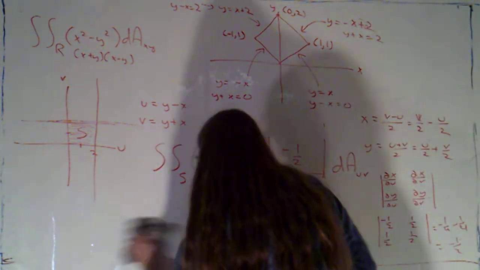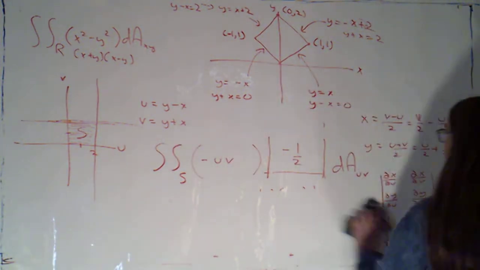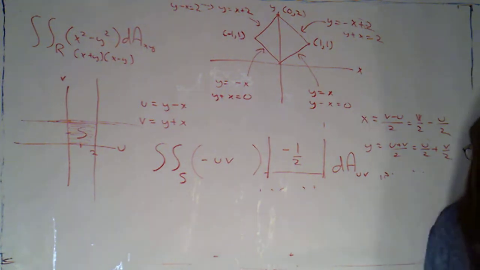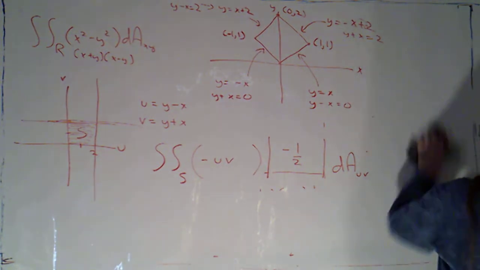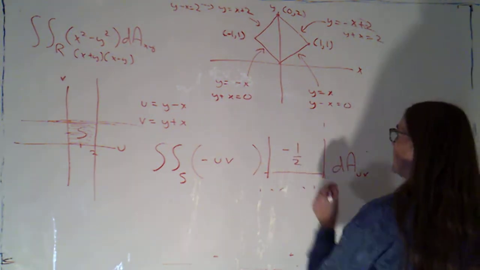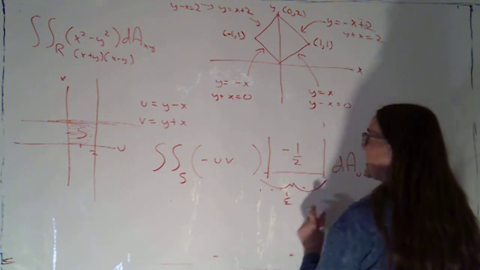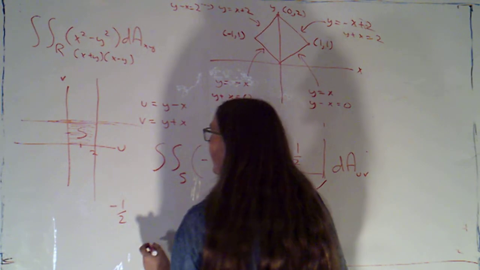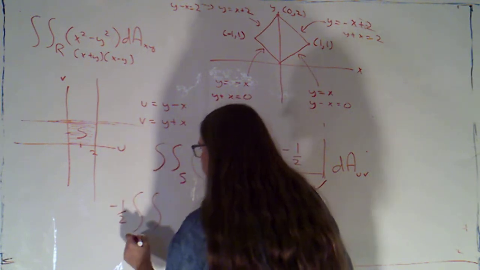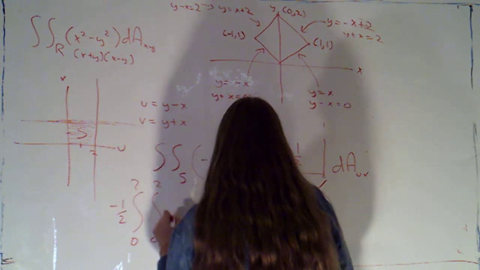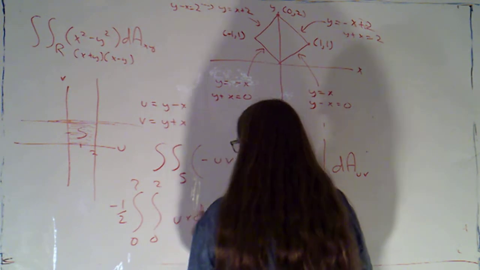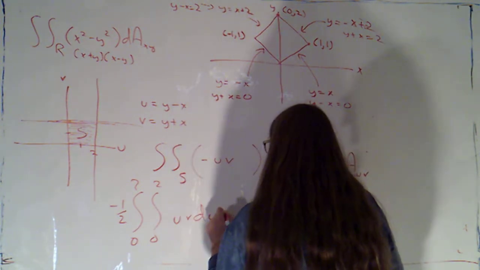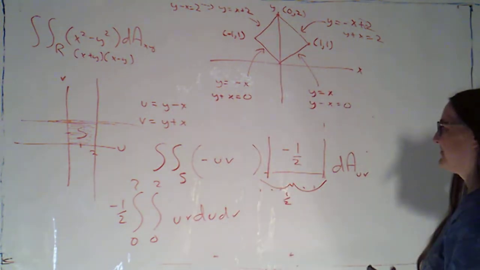Okay, so this is just 1/2. I'm going to factor that out and factor out that negative. So I'm going to have negative 1/2. S was just this rectangle, 0 to 2, 0 to 2, uv, it doesn't matter, du dv.